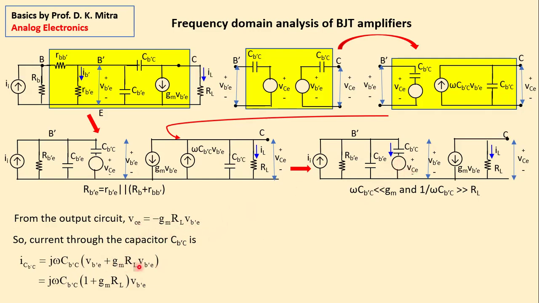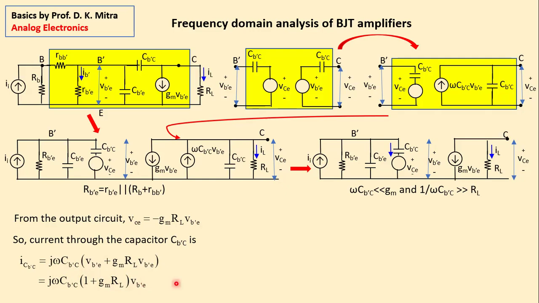VCE has been replaced by this value and once again divided by the impedance. So what do we see? The current I B'C through here is actually j omega C B'C within bracket 1 plus gm RL times VB'E.